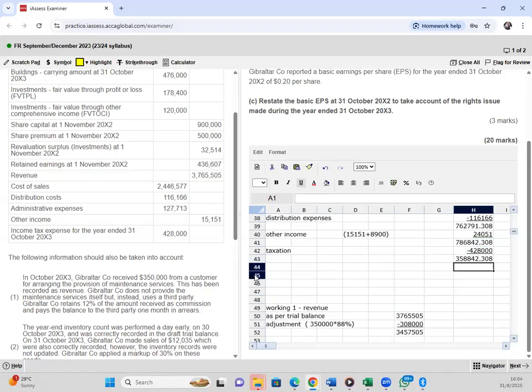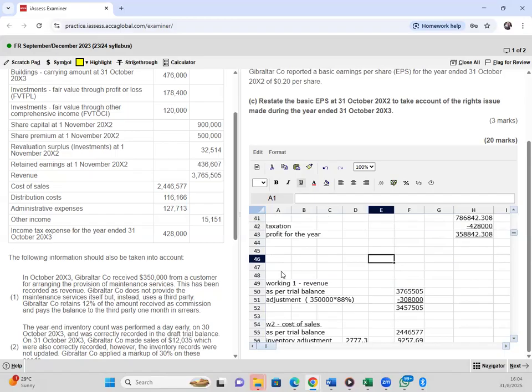So this one, the amount that we get is the profit for the year. Then after the profit for the year, you then come to the other comprehensive income.